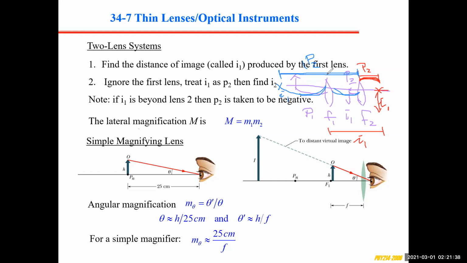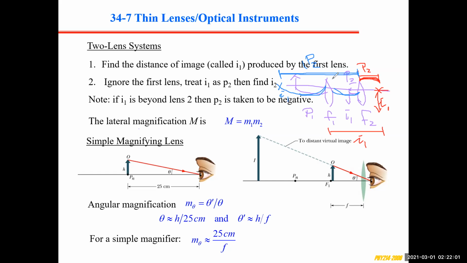So you can see that there's no fixed formula to determine P2. The only principle that you need to go by is that once you calculate I1, mark it on this two lens system to see where your I1 is, and then based on the diagram determine what your P2 is.